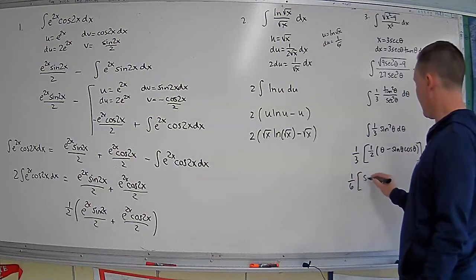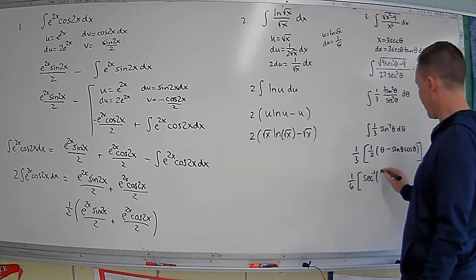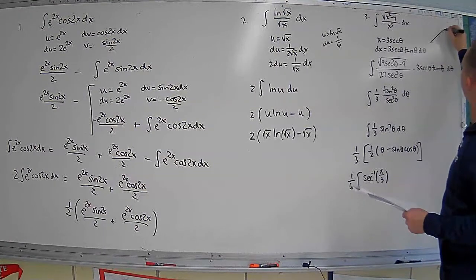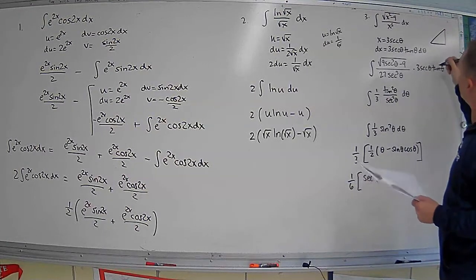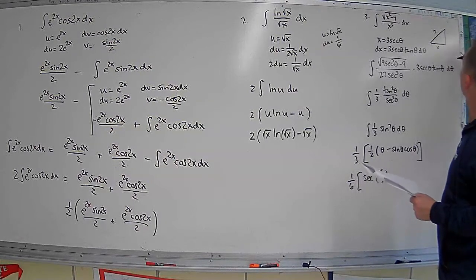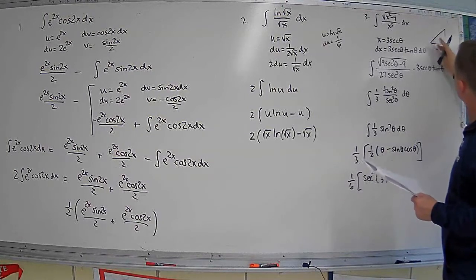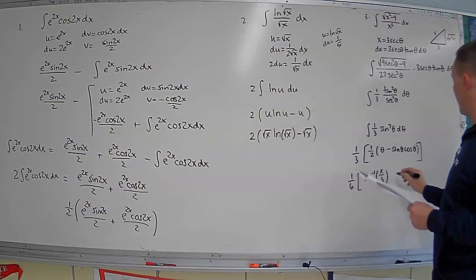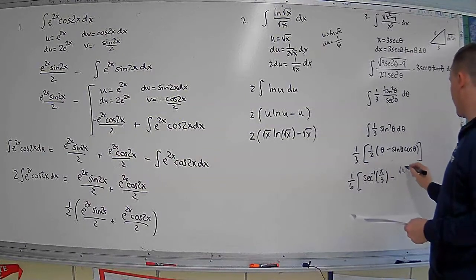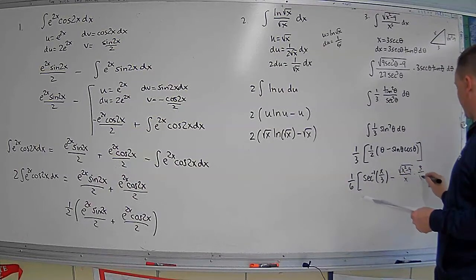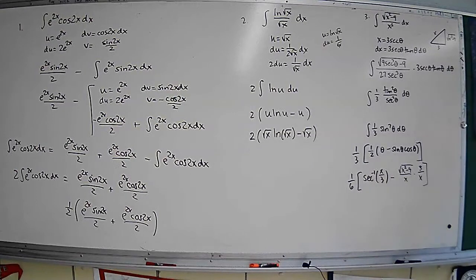Theta is going to be the inverse secant of x over 3. And then sine theta cosine theta, so I'll go back up here and draw the triangle. X over 3 is secant. Oops, that's cosine. Which makes that x squared minus 9. So now sine of theta is square root of x squared minus 9 over x, and cosine theta is 3 over x. Okay, plus c.